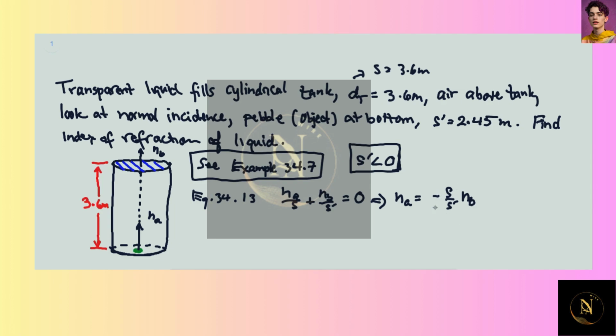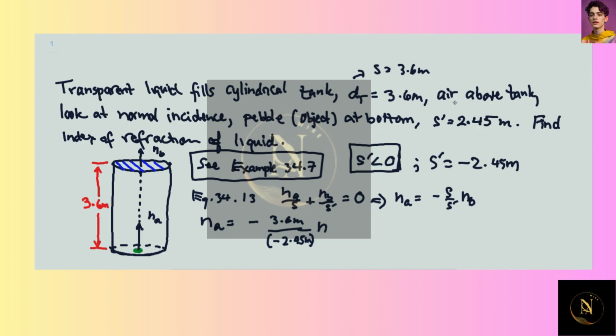Now we'll plug in the numbers, keeping in mind that S prime is less than 0, so let's write that explicitly as negative 2.45 meters. So NA is equal to minus S, which we know is 3.6 meters, over S prime, which is negative 2.45 meters, times NB.